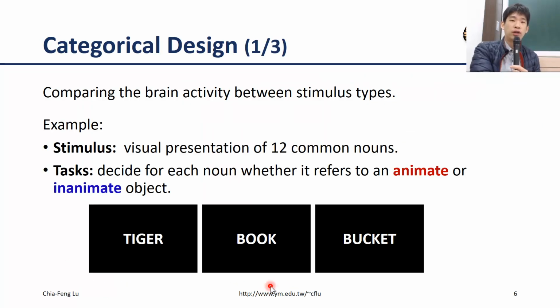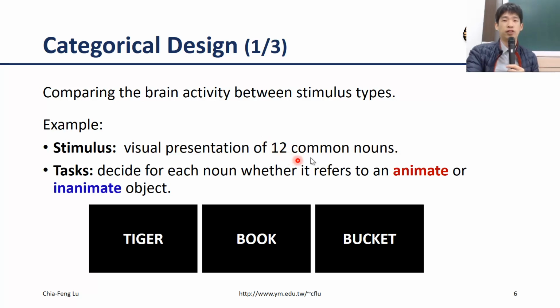And the second one, categorical design, is more like a way that we'd like to compare the brain activity between different stimulus types. Okay, so I'd like to give you an example. We can give stimuli to our subject. In this case, we may give one noun at a time.